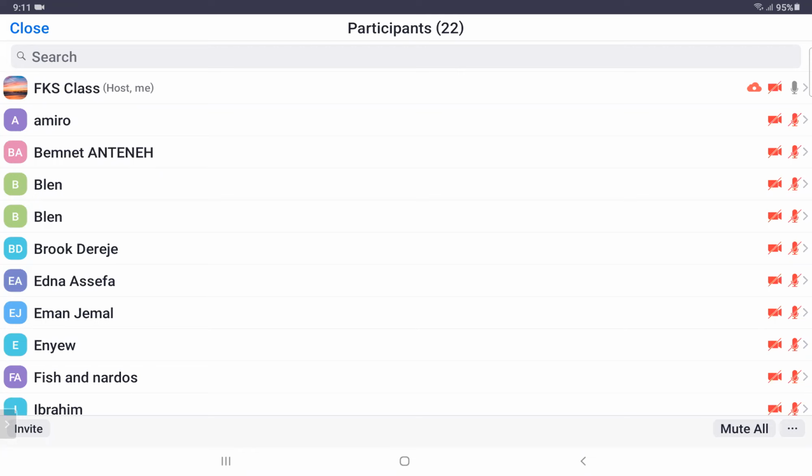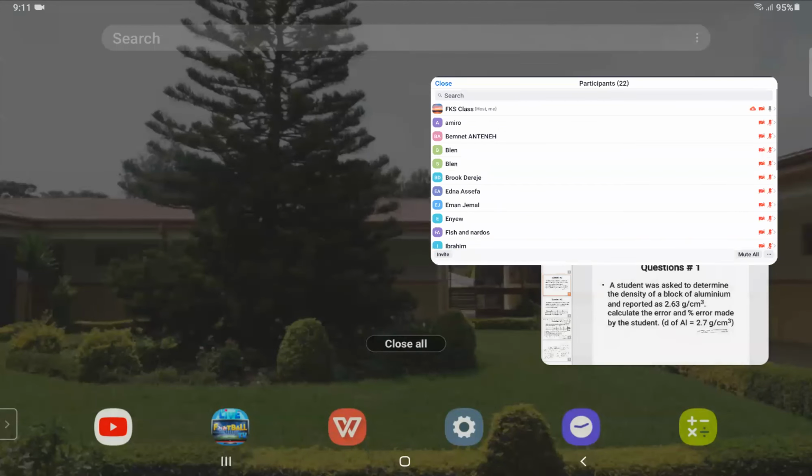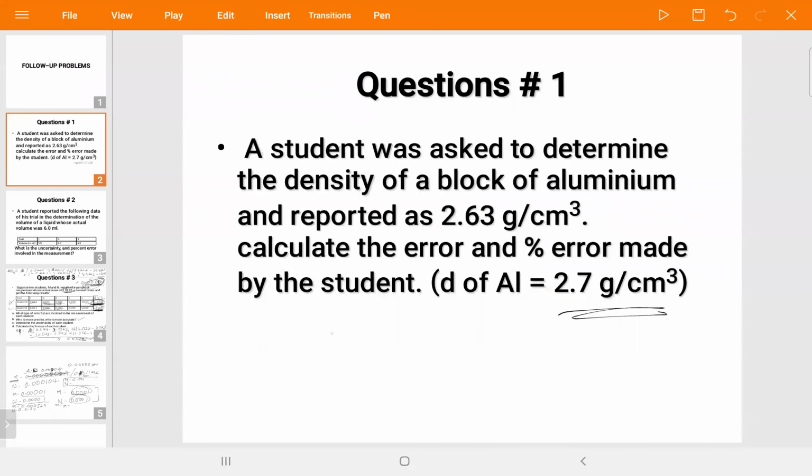Can anyone answer the question? The error is negative 0.07 and the percent error is 2.07. Excellent.